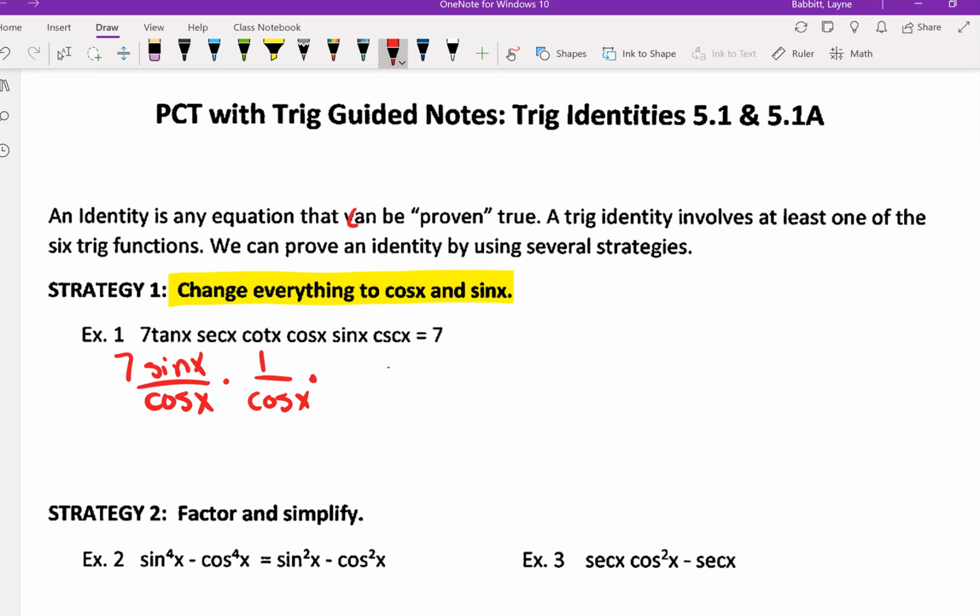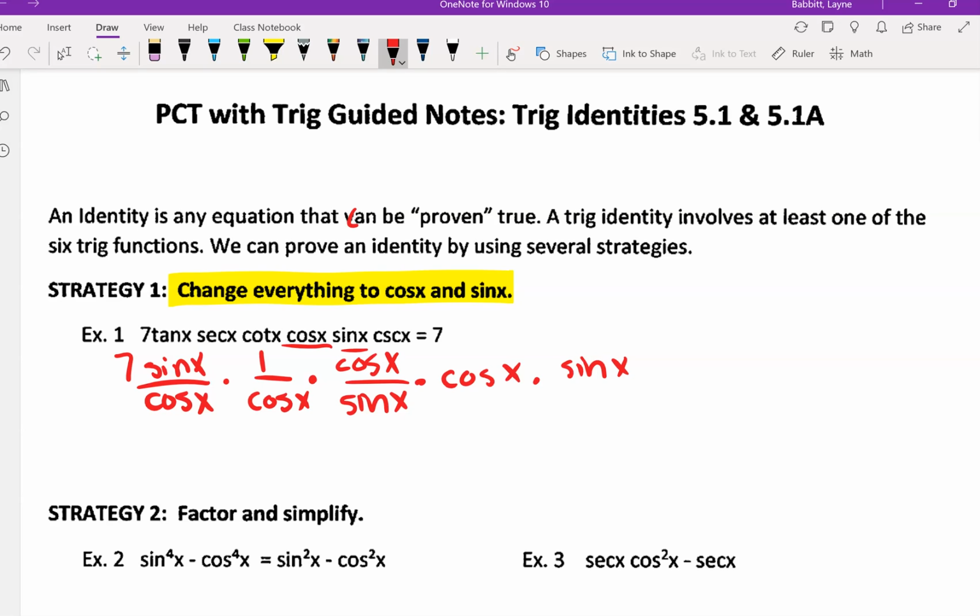All right, and then cotangent. Well, cotangent is the reciprocal of tangent. So if I'm switching that to sine and cosine, it's the same as cosine over sine. And then now I'm on cosine. That's just going to stay what it was. And then sine just stays what it is.